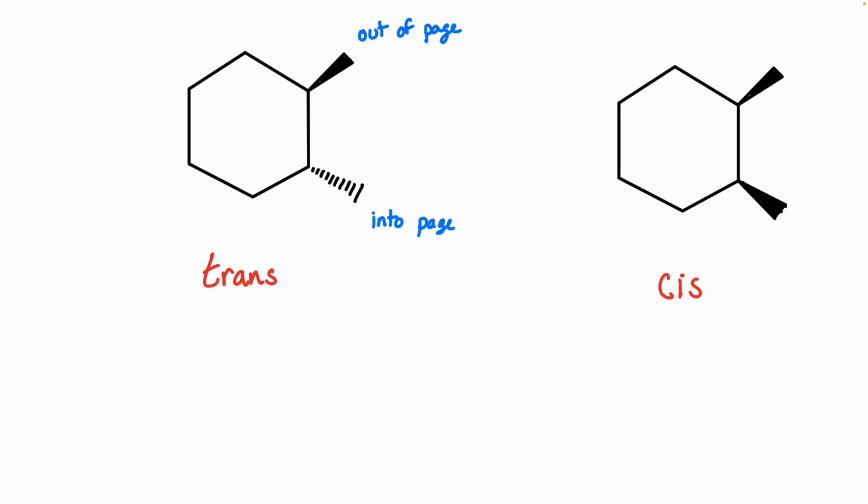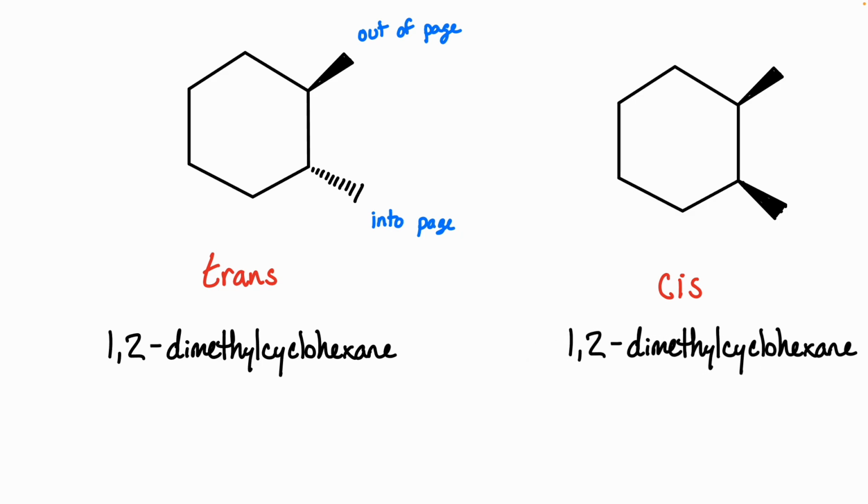So if I'm naming it without my stereochemistry, they would both be 1,2-dimethyl cyclohexane. And that's true for both of these, which is again why we have to include that stereochemical designation.